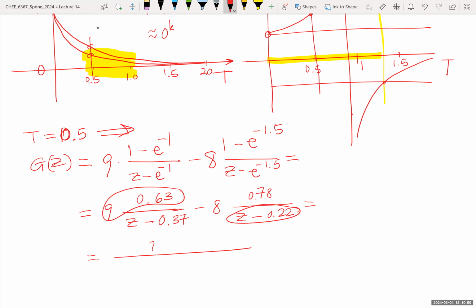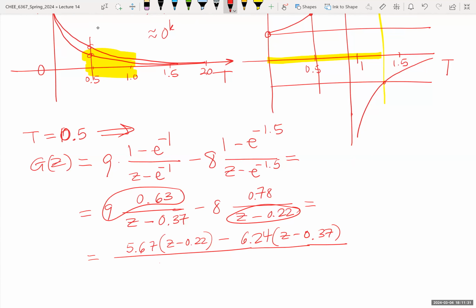So, multiply z minus 0.22, minus z minus 0.37.